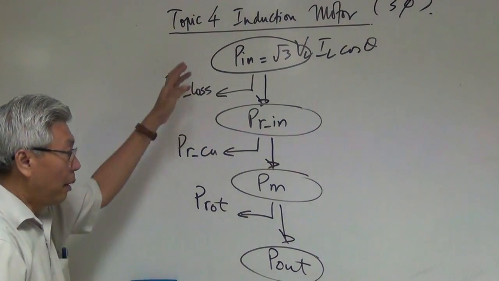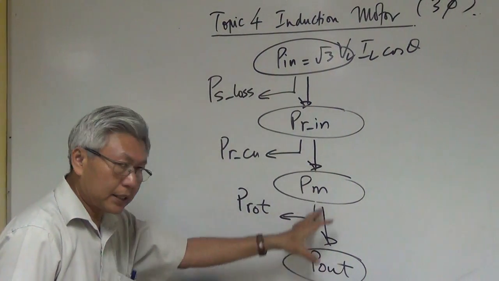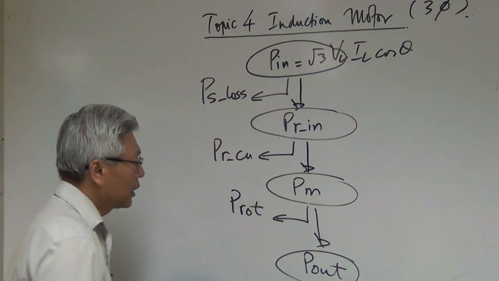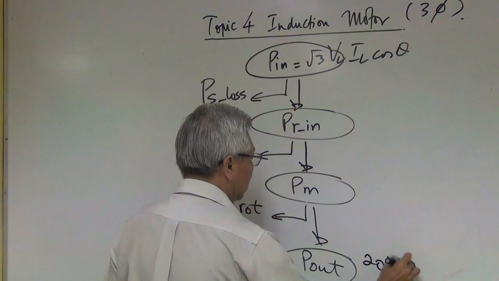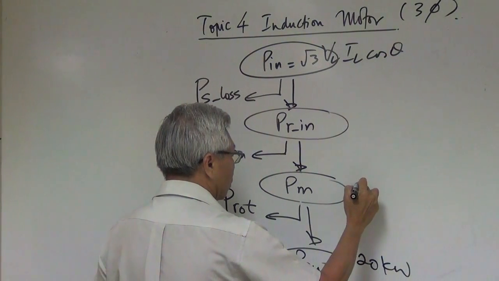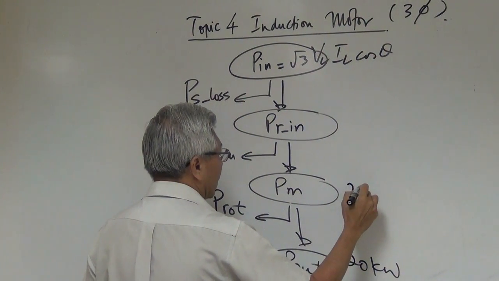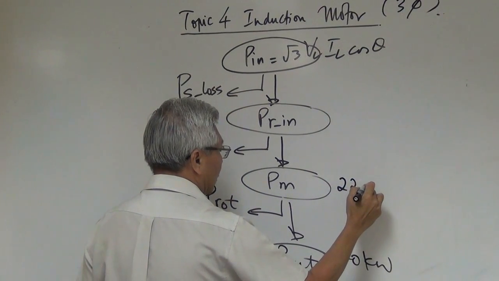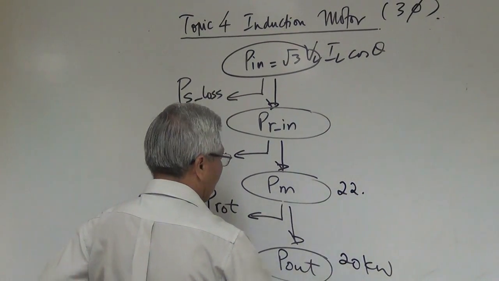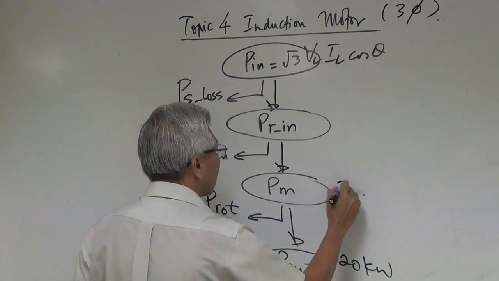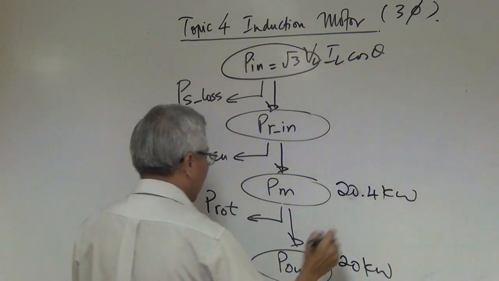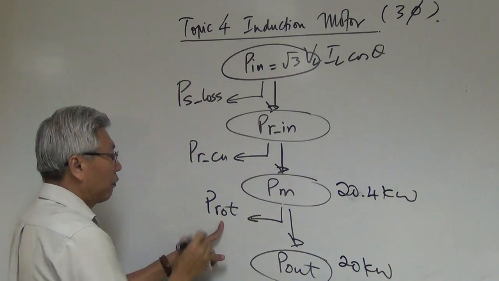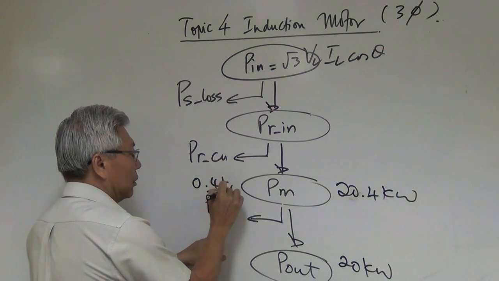Remember, you can do your mathematics in a very logical manner. Say for example, if you know that this is equal to 20 kilowatt, and then here is equal to 20.4 kilowatt, do you know what's the rotational loss? Of course, it's 0.4 kilowatt.